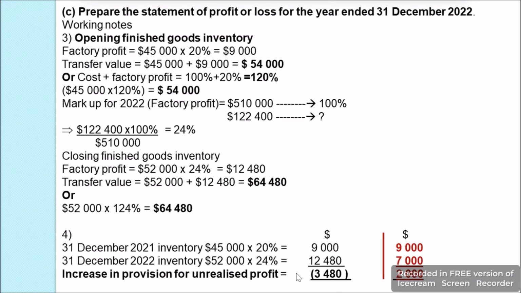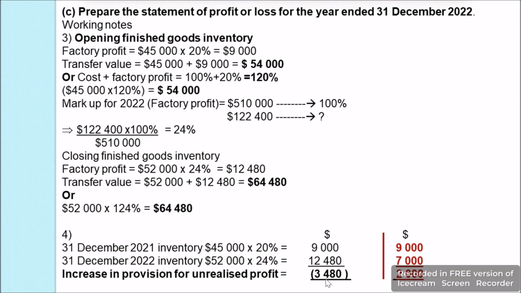So wherever there is an increase in the factory profit because of the closing inventory of our finished goods, then we have to subtract this. So we have a rule: an increase in the provision for unrealized profit will be subtracted from the factory profit in our statement of profit and loss.